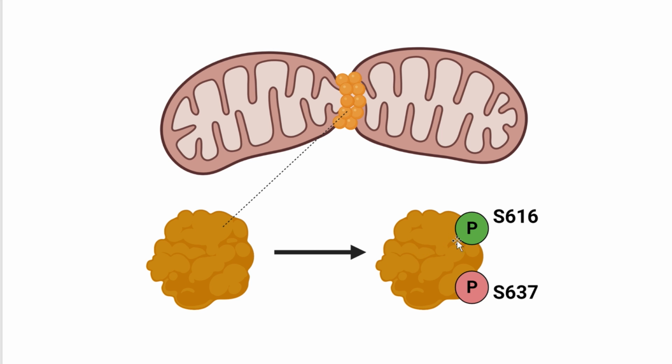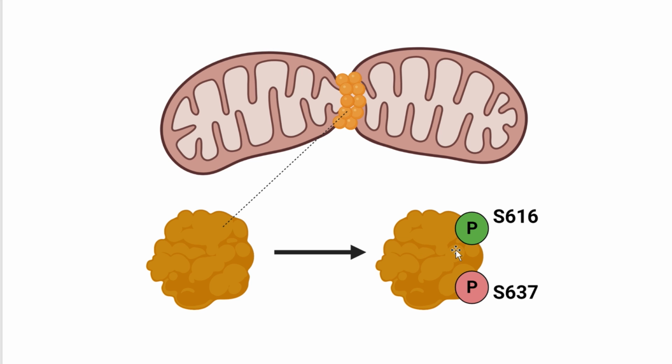And what can happen is that DRP is regulated. There's a bunch of different molecular regulations of DRP. The main one that people focus on is phosphorylation, the addition of a phosphate to the DRP molecule. A phosphate can be added to a serine, which is an amino acid.